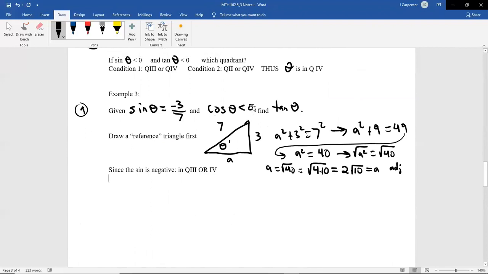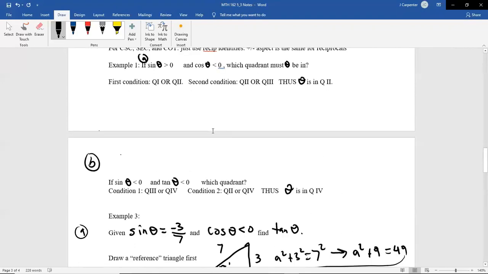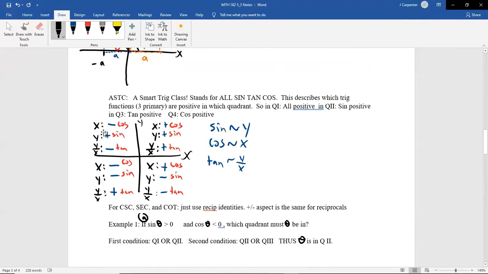But they also told us that the cosine of whatever angle we're dealing with is negative. Cosine being negative means we are in quadrant... So cosine relates to x. X is negative when we go left, and you go left, you hit quadrant 2 or 3.